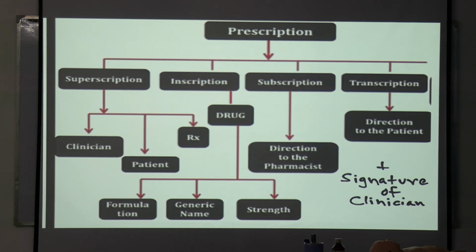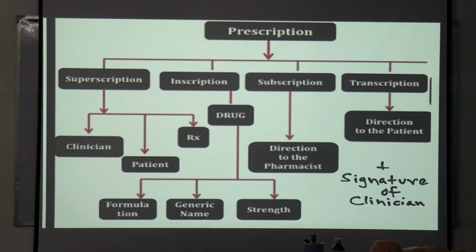So these three things together, the clinician details, the patient details, and RX, constitute the superscription of the prescription. Superscription. Then you have the main body of the prescription, which is called inscription.